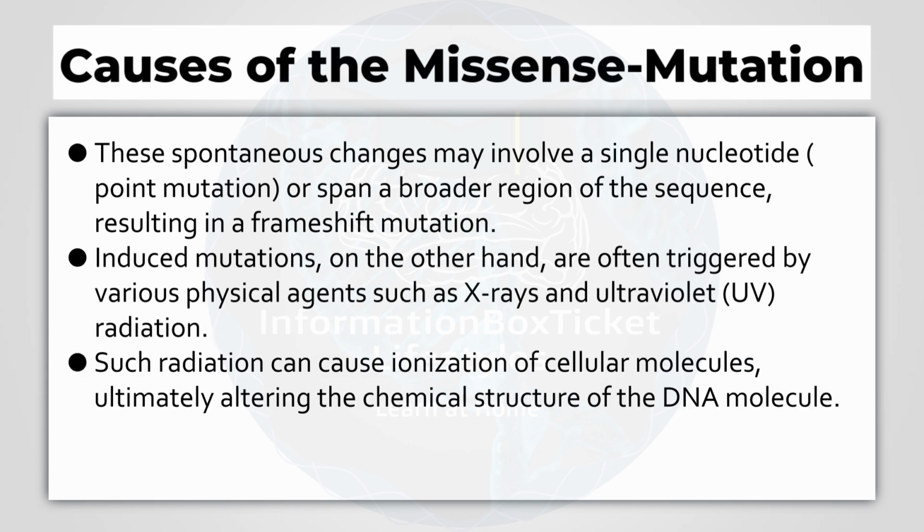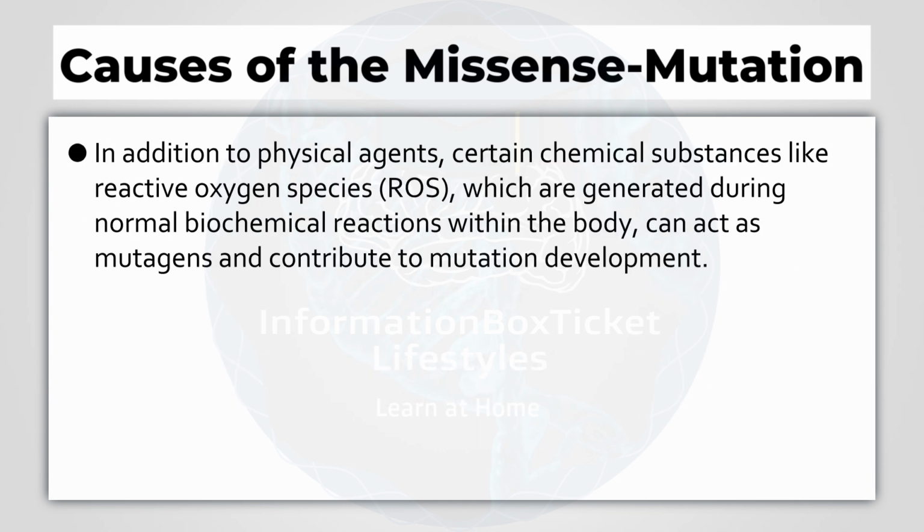Such radiation can cause ionization of cellular molecules, ultimately altering the chemical structure of the DNA molecule. In addition to physical agents, certain chemical substances like reactive oxygen species, ROS, which are generated during normal biochemical reactions within the body, can act as mutagens and contribute to mutation development.